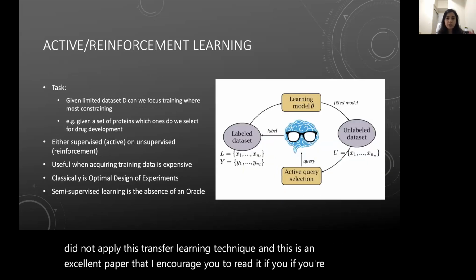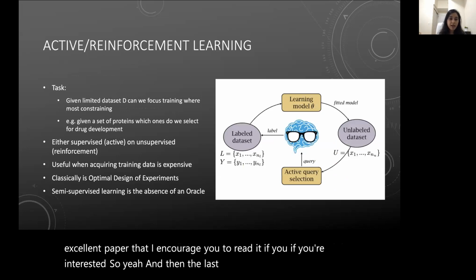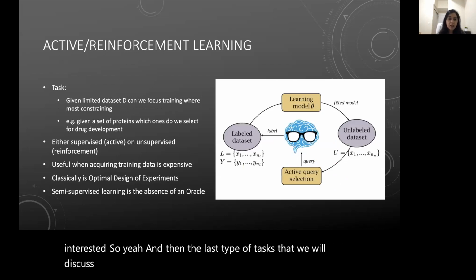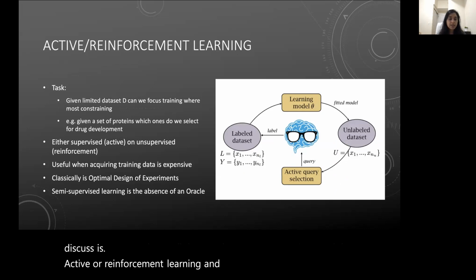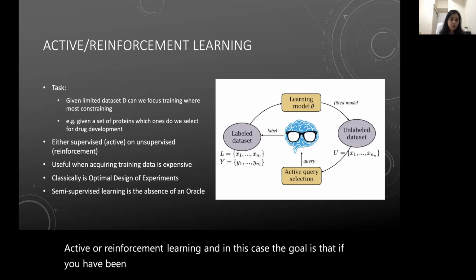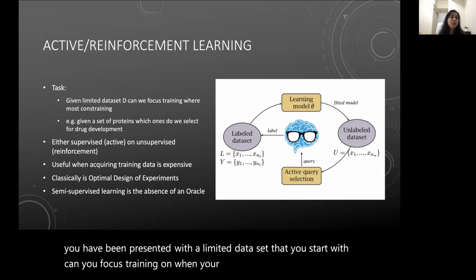And then the last type of task that we will discuss is active or reinforcement learning. In this case, the goal is that if you have been presented with a limited data set that you start with, can you focus training on where your model will actually learn most, or wherever the data is most constraining.